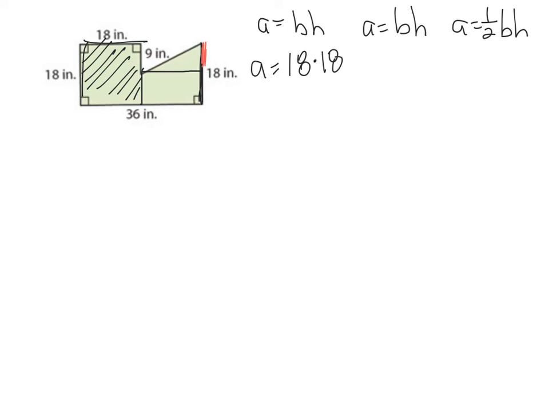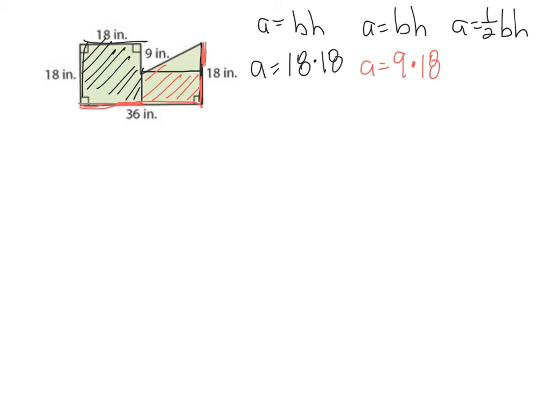So that tells me that if I subtract 9 from 18, this portion here is 9 inches. So I got 9 for that dimension. And then this entire thing here is 36 inches. Well, if this much of it is 18, that tells me the balance is also 18. So 9 times 18 will give me that rectangle right here.